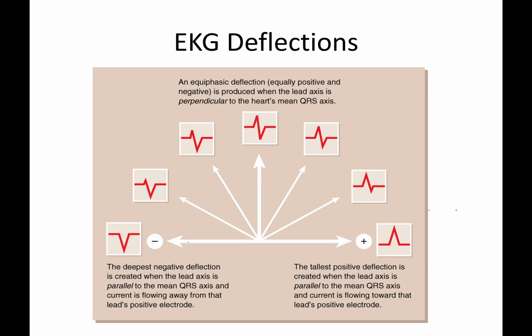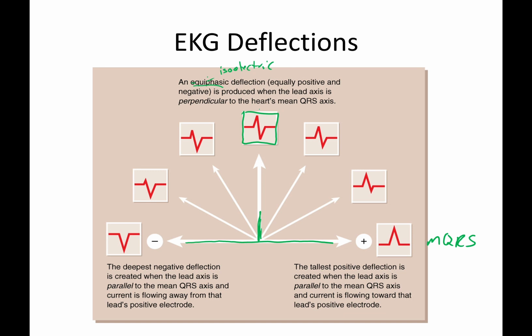Assuming that this lead across the bottom here is our mean QRS, it is then guaranteed that you will have a perpendicular lead to that one. And that perpendicular lead will have this type of QRS, which is known as, you can call it equiphasic if you want, but isoelectric is what I prefer to call it.